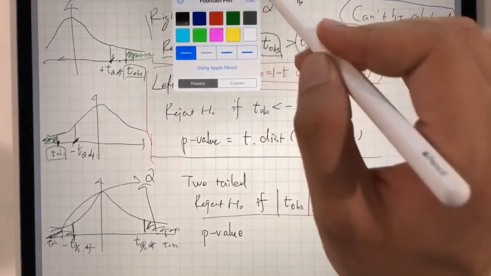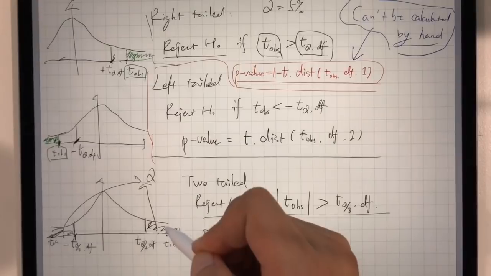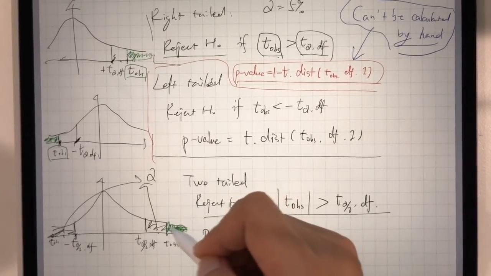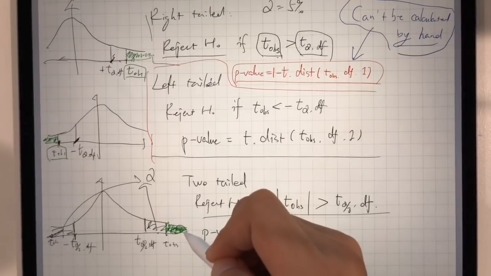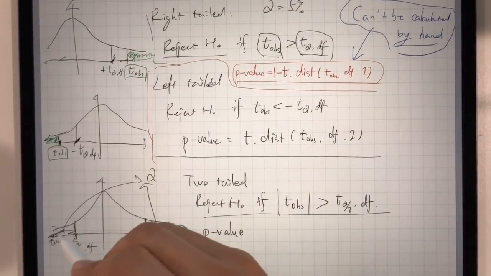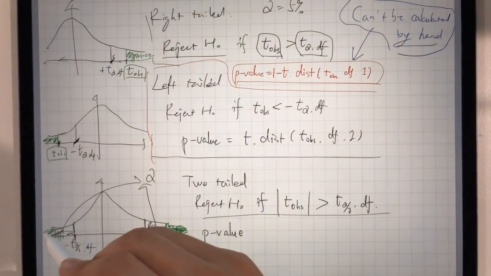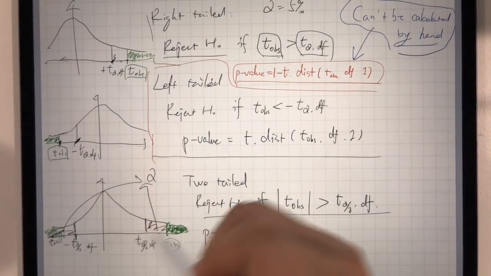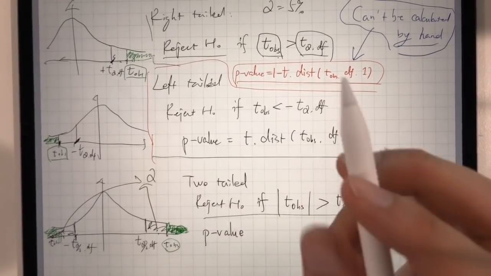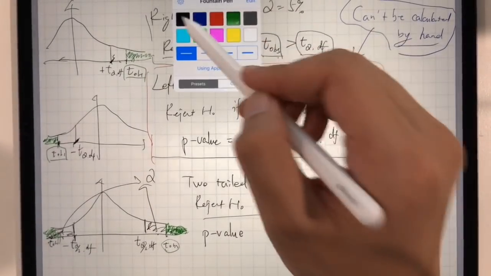So basically, if you've got an observation that is positive, you not only calculate this probability, but also you calculate the negative of this value and the probability on the left-hand side. We know that those two probabilities are equal to each other, so we just multiply by 2, okay?